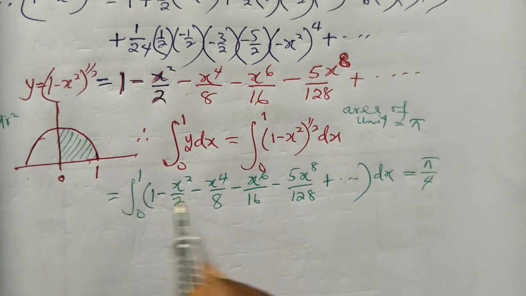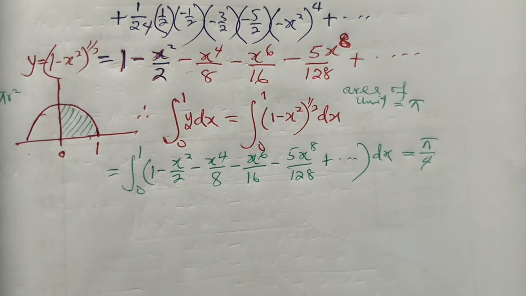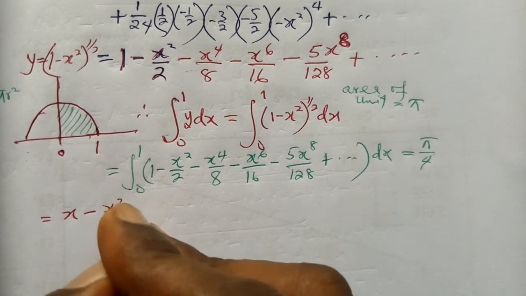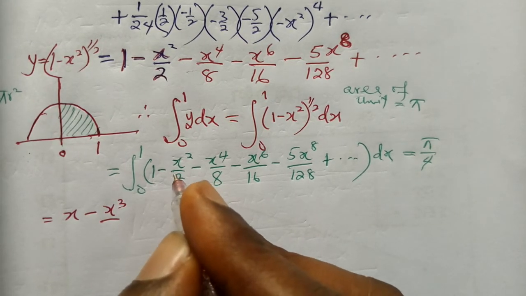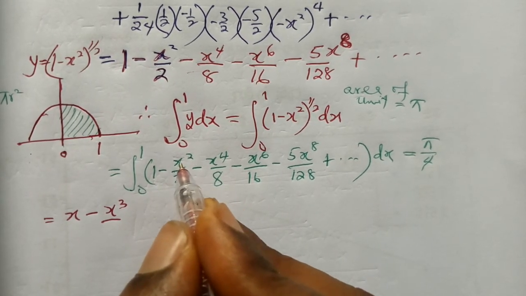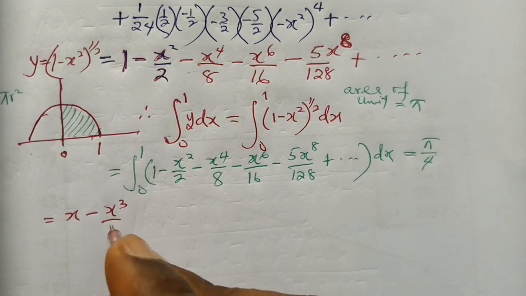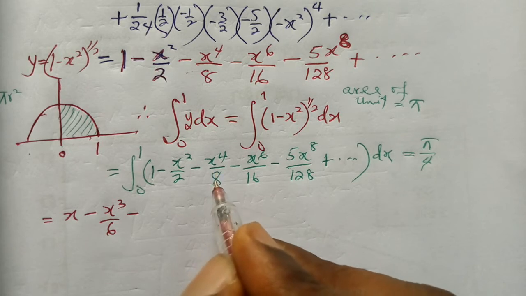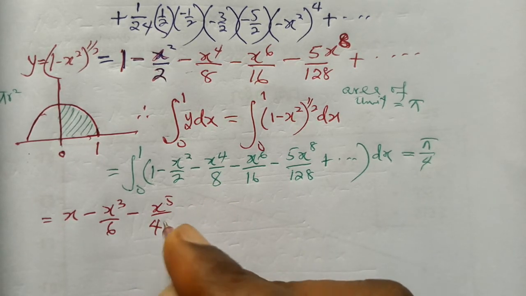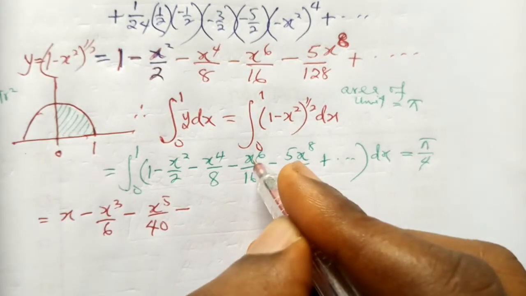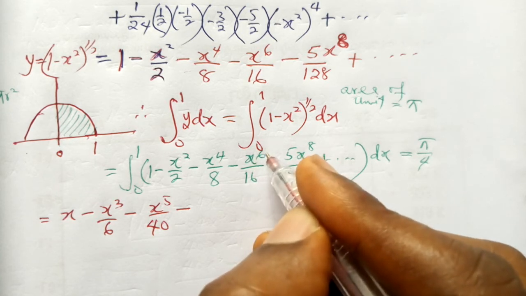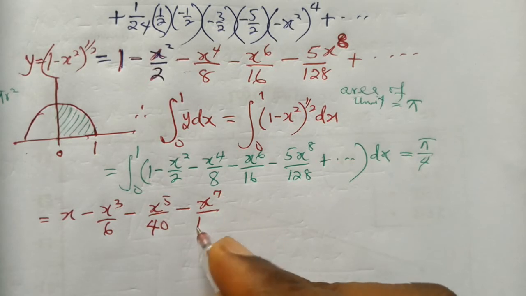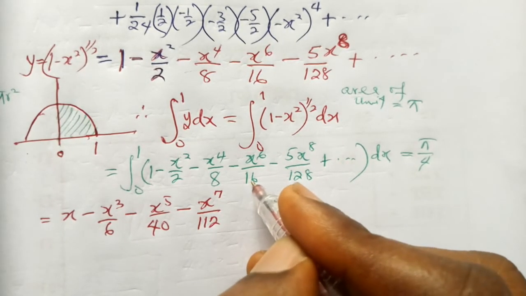So if we integrate this, of course, we'll have x minus x^3 over 6, remember this one will be x^(2+1) over 3 plus 1, so it will be x^3 over 6, minus this one will be x^4 over 5 times this, so it will be x^5 over 40, minus the integration of x^6 is x^7 over 7, so x^7 over 7 times 16 will give us x^7 over 112, because 16 times 7 is 112.